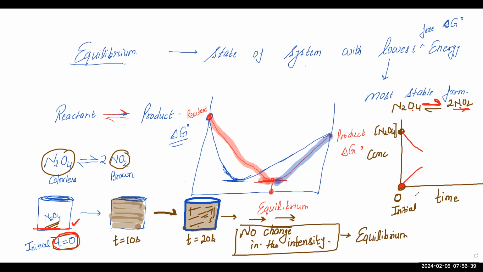Very good. And you'll reach a point when there is no further change in the intensity of the color. It means these concentrations have become constant. You can see this? And this state is called equilibrium.